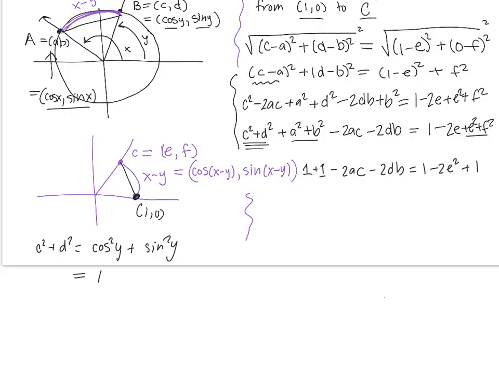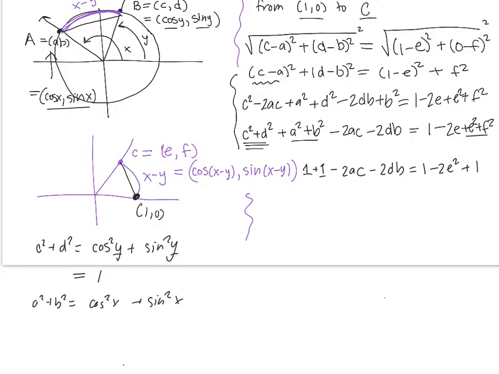This is true as long as the points have the same variable inside of them. The same variable. Does that make sense? The other one, A squared plus B squared, is cosine squared x plus sine squared x. And the final one is just going to have x minus y inside both of them. But that identity is true as long as the variables are the same. If I gave you cosine squared x plus sine squared y, then it's not true anymore.